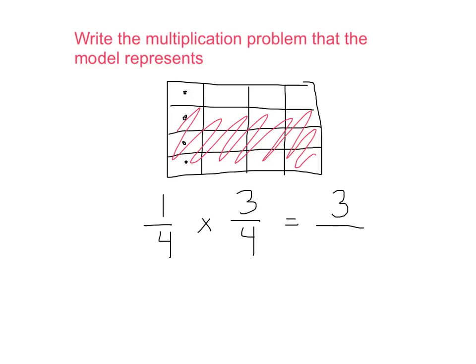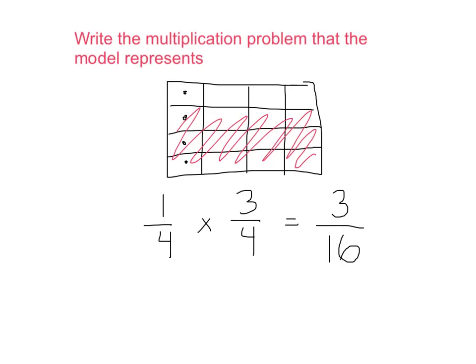So 3 is going to be my numerator for my answer out of a total of 16 squares. So my answer is 3 out of 16 squares have both a dot and shading.